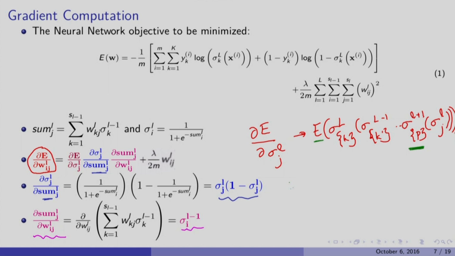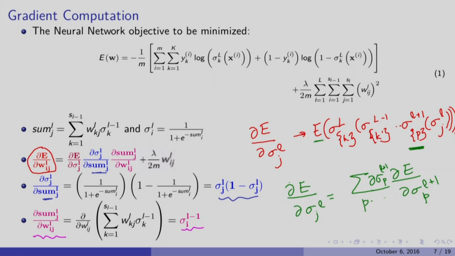So it will turn out that the partial derivative of e with respect to sigma j L will basically involve a summation over all the p of the partial derivative of e with respect to sigma p L plus 1 into, of course, the partial derivative of sigma p L plus 1 with respect to sigma JL.